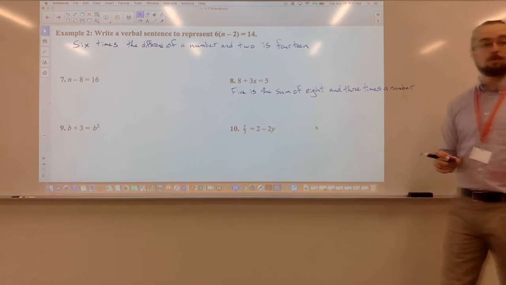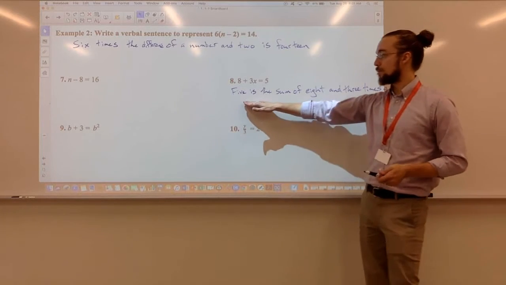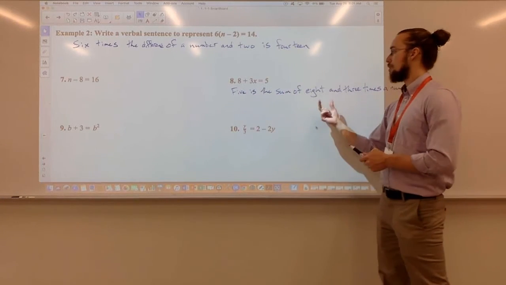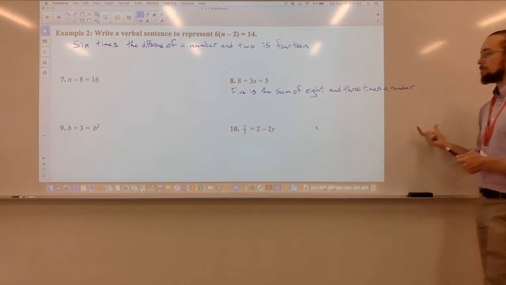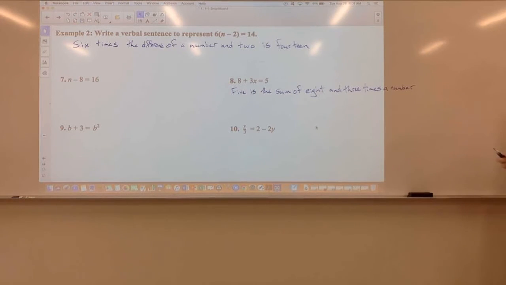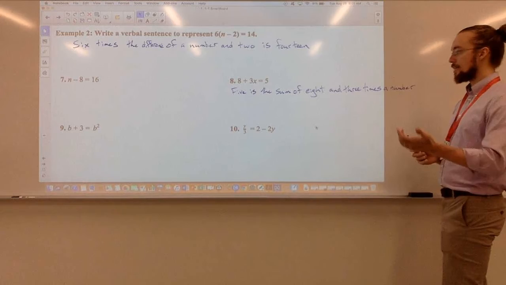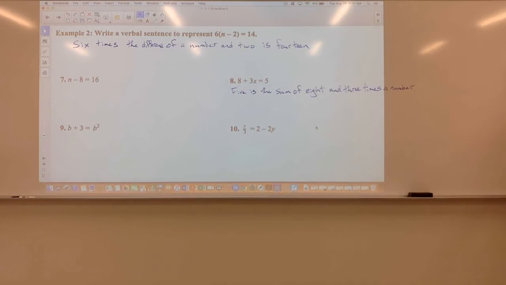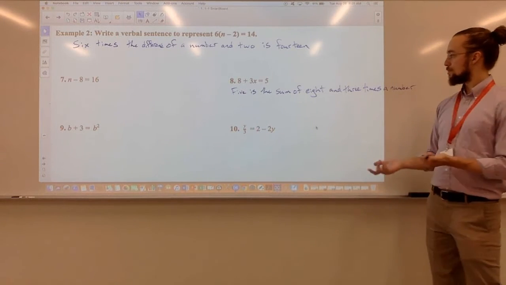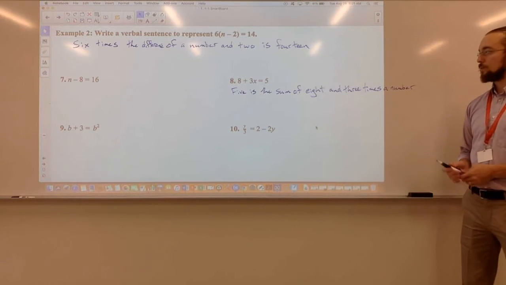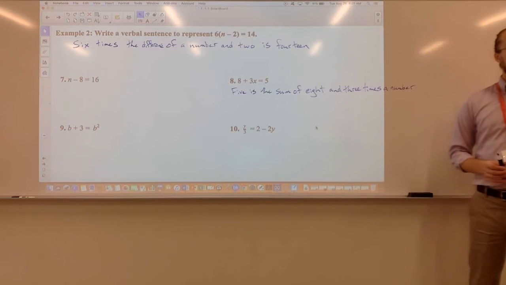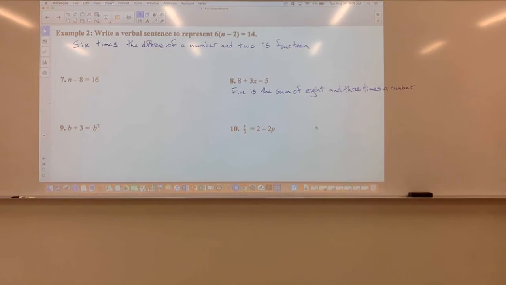There are multiple ways to do this, right? 5 is the sum of 8 and 3 times a number absolutely works. Or you could say 5 is 8 increased by 3 times a number. That would work too. So multiple correct ways that we can do this.